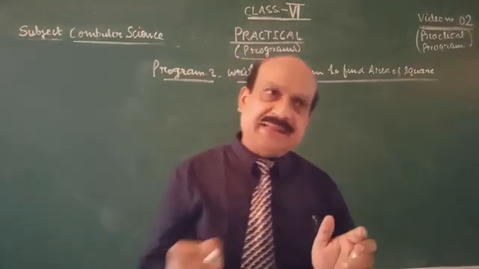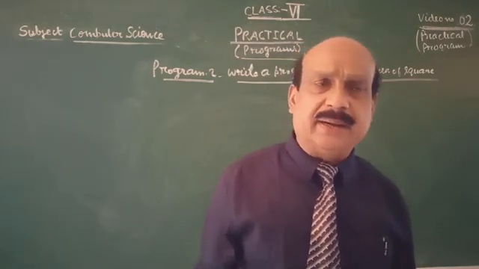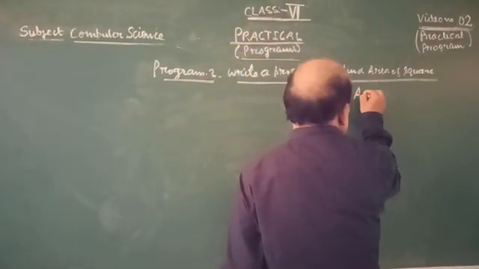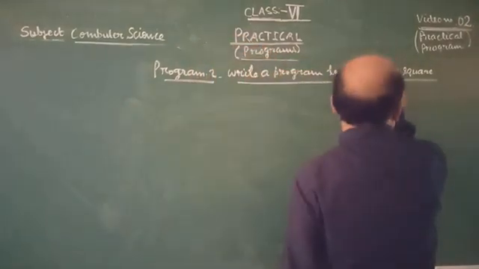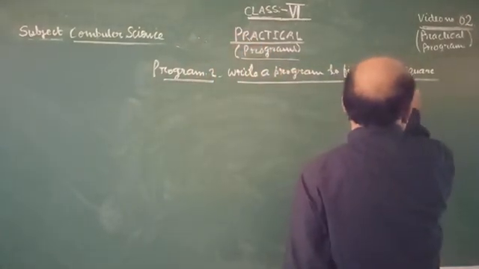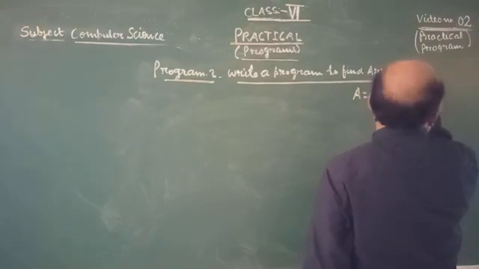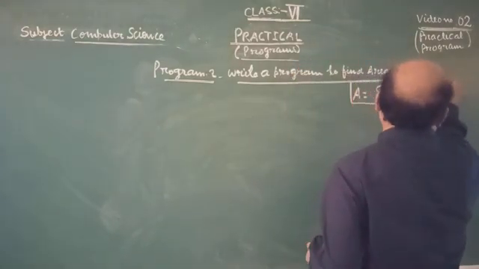When you multiply side into side, that time you can find the area of a square. So I am defining the formula here: A indicating area, and you have to use side. So here I am taking the complete word side. This is the formula to find the area of a square.